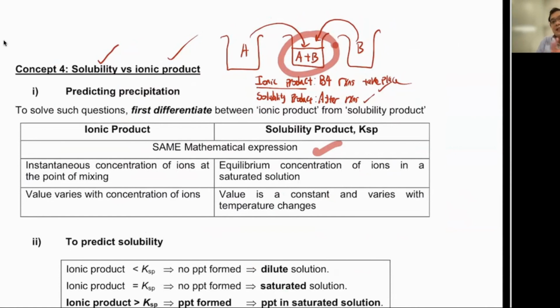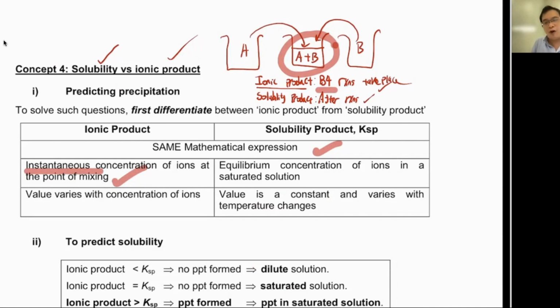Now let's take a look at a scientific explanation of what is the meaning of ionic product. You actually can link to the before reaction part. So we call the ionic product as instantaneous concentration. Now what does it mean? Because you see, right, when your A and your B interact together, at the point when they mix, before they collide, what is their concentration? Just at that point. So we call it instantaneous.